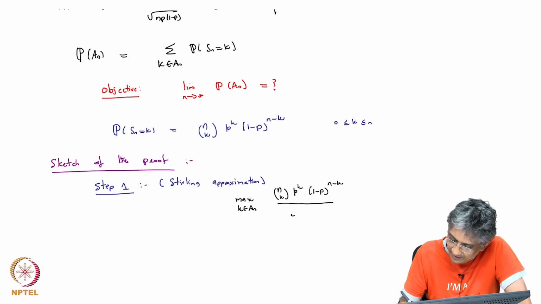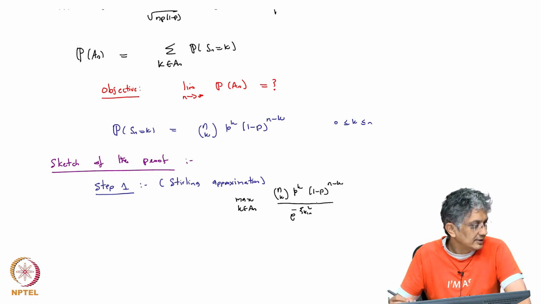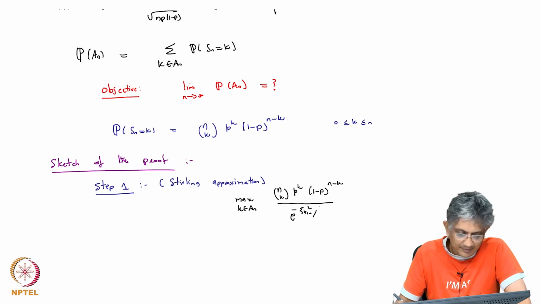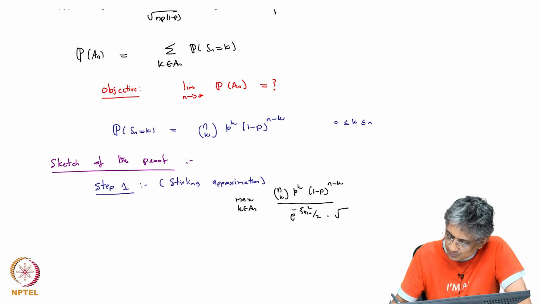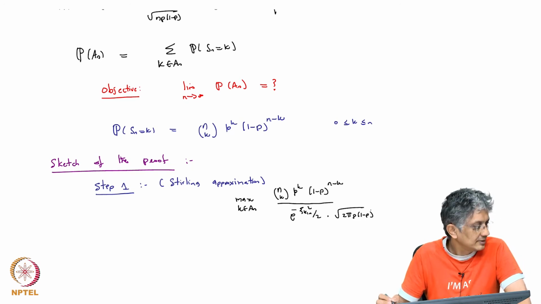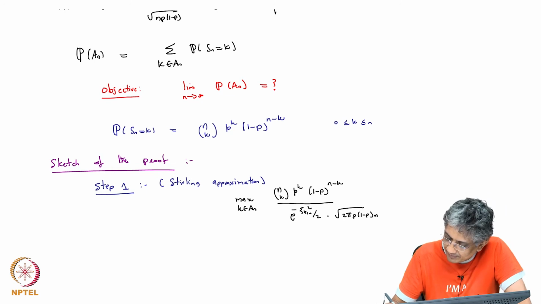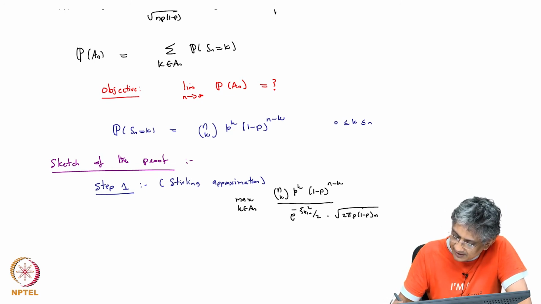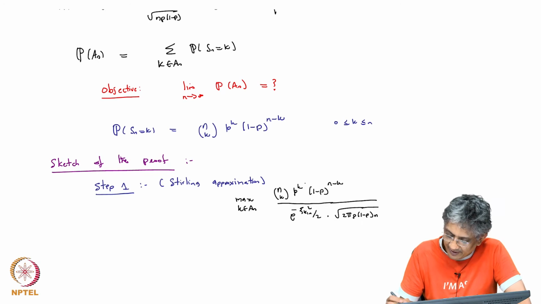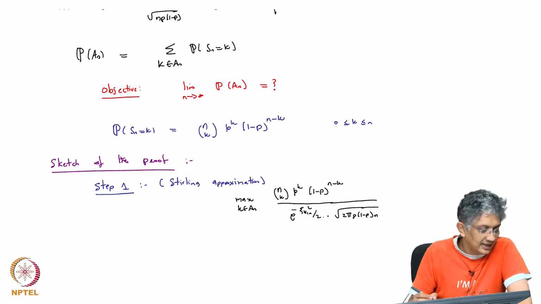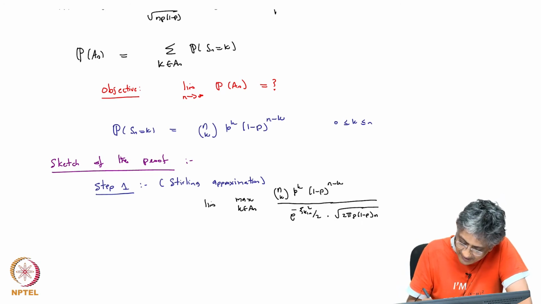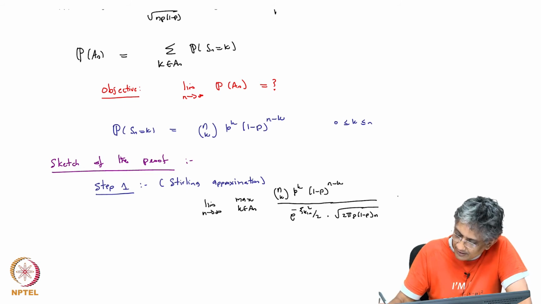Write it down as e to the minus xi kn squared by 2, into the square root of 2 pi times p times 1 minus p times n. So you look at the bottom function and you show the top function, in terms of n and p, is like the bottom function, and this ratio converges to 1.